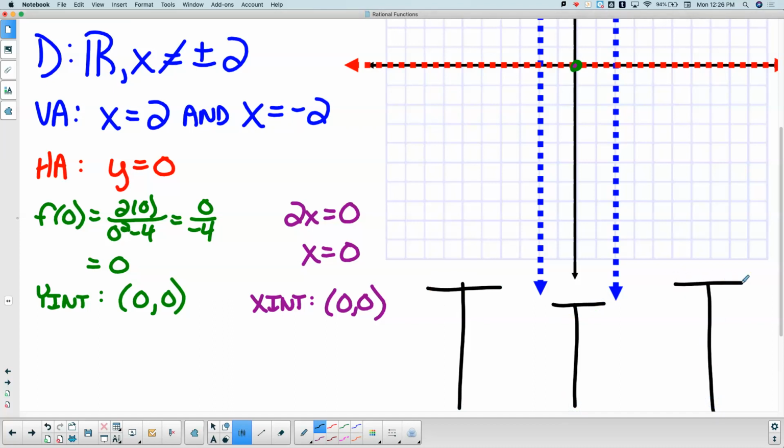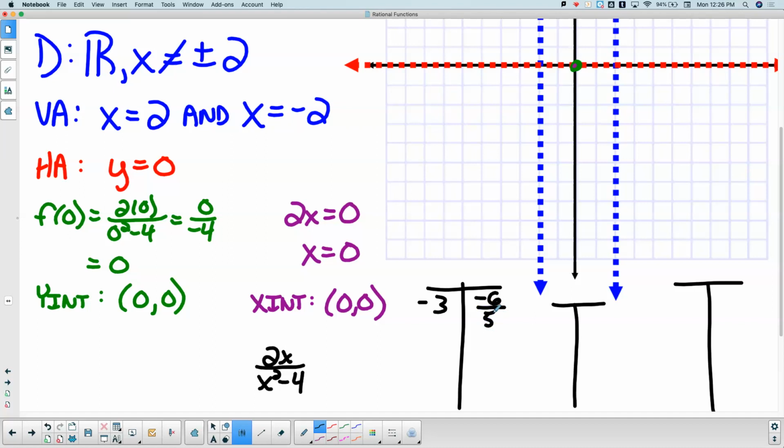Okay. So we've got negative 3. And my function again was what? 2x over x squared minus 4, right? Okay, so if I put negative 3 in there, I got negative 6 over 5. Agree with me on that?